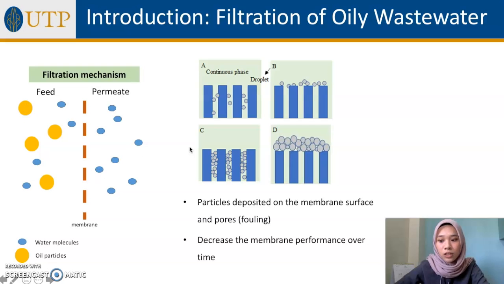Moving on to the next diagram, we can see that the particles are deposited on the membrane surface. This is one limitation of membrane, where its performance would reduce over time due to membrane fouling. Membrane fouling is when the particles deposit on the membrane surface or the membrane pores, as shown in the diagram. So when the pores are blocked, less permeability will be produced, thus reducing the membrane performance.